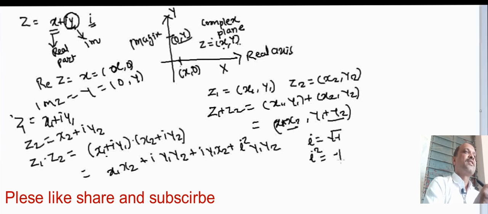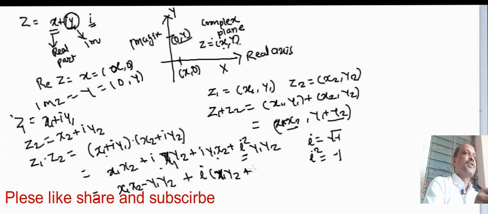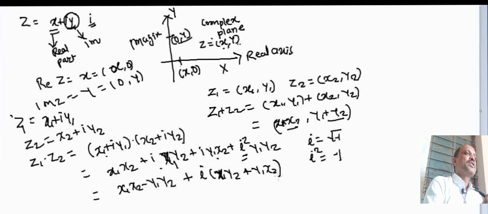So replacing i square with minus 1, this becomes x1 x2 minus y1 y2 plus, taking i common from the other two terms, i into x1 y2 plus y1 x2. So again we get a complex number, with a real part and an imaginary part.